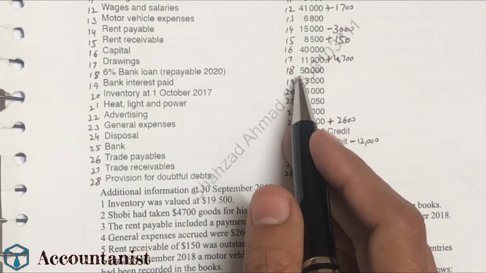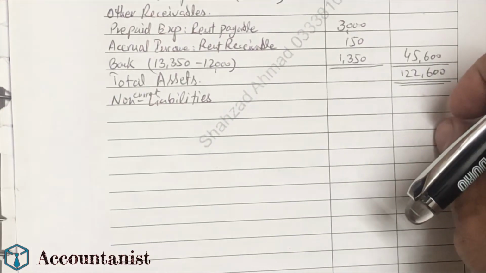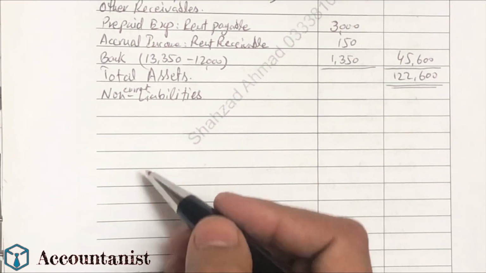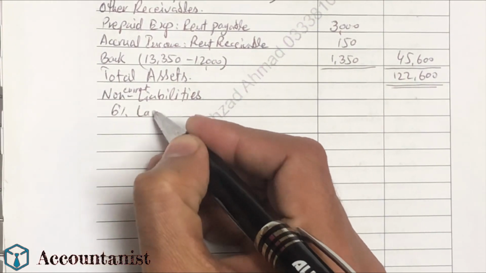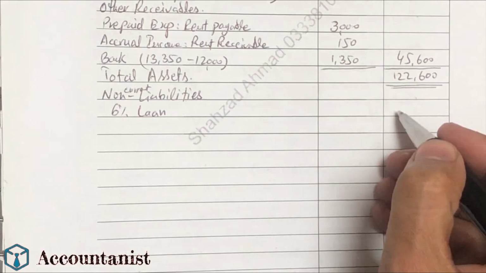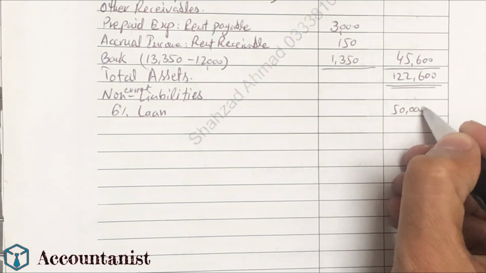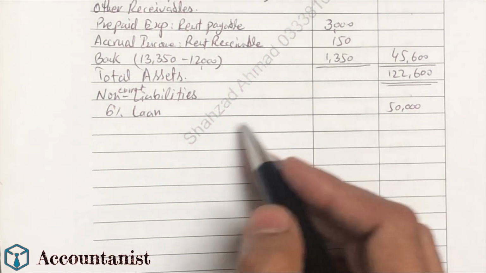So write down 6% loan, and that was 50,000. Because there was only one non-current liability, I will write it down in the final figure column straight away, so no adjustment is going to be made.